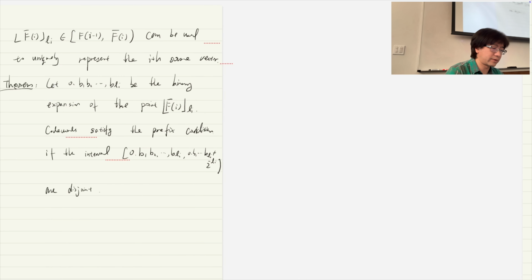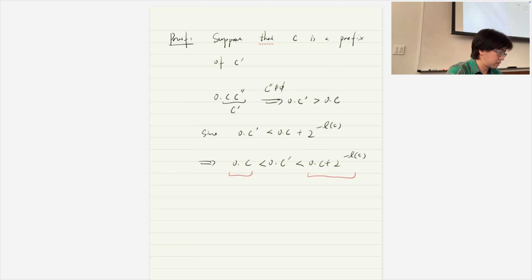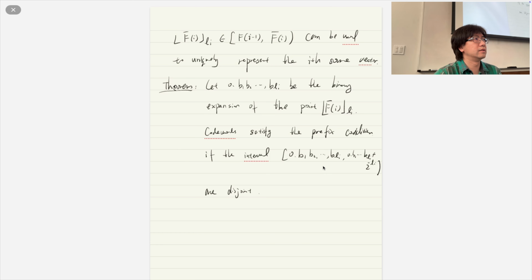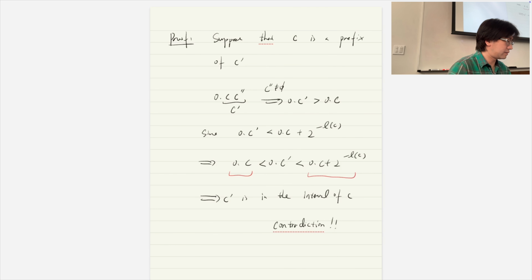So if one is a prefix of another one, C prime is in the interval of C. Then we have a contradiction, because we assumed that all of these intervals are disjoint. So this Shannon code is a prefix code. Any questions?